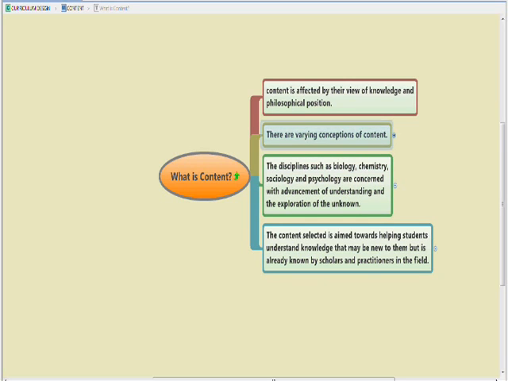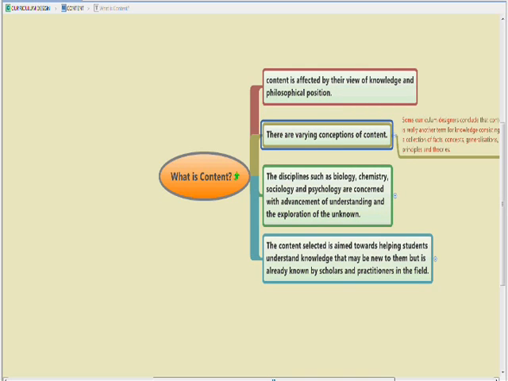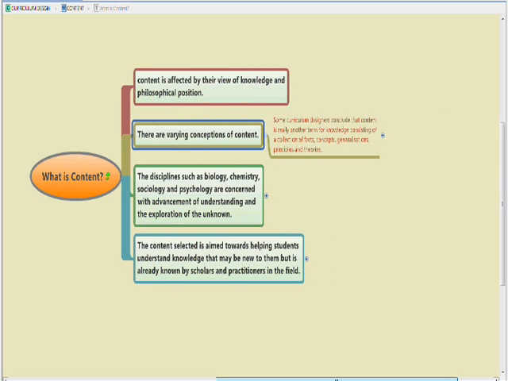For example, some curriculum designers conclude that content is really another term for knowledge consisting of a collection of facts, concepts, generalizations, principles, and theory. See, this is really important because remember, in the previous course we talked about how some people saw content as a process.